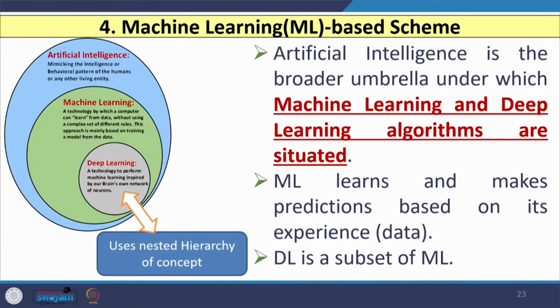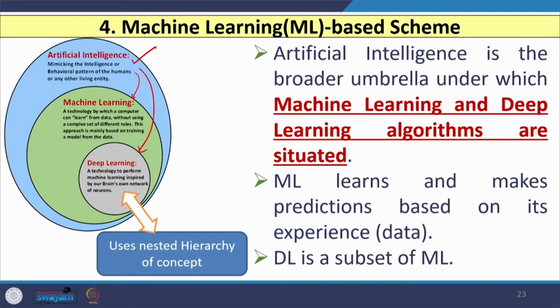Now, let us consider the fourth scheme, which is based on machine learning. We know that artificial intelligence is a broader umbrella under which machine learning and deep learning algorithms are situated. So, you can see the artificial intelligence block, under which machine learning and deep learning both work.